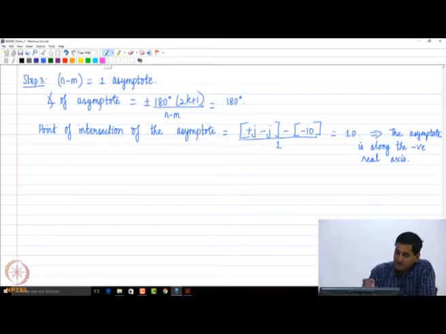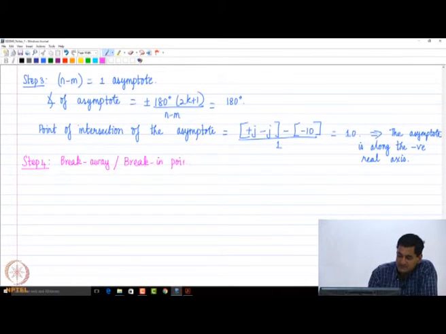Now what is step 4? Breakaway or break-in points. So let's look at them.